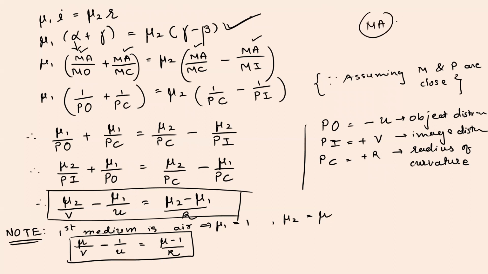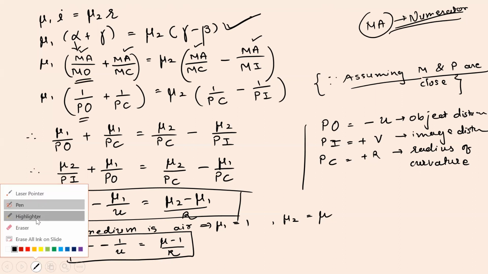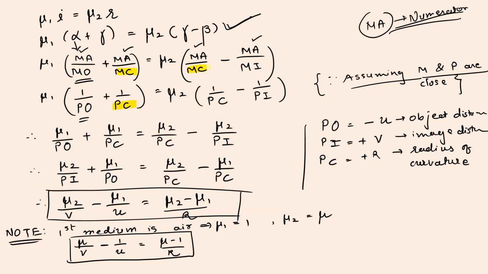MA was there in the numerator, which we do not want, so we cancelled out this common numerator. Next step, we assume that M and P are very close. So I considered that MO is nothing but PO, MC is nothing but PC, and MI is PI.